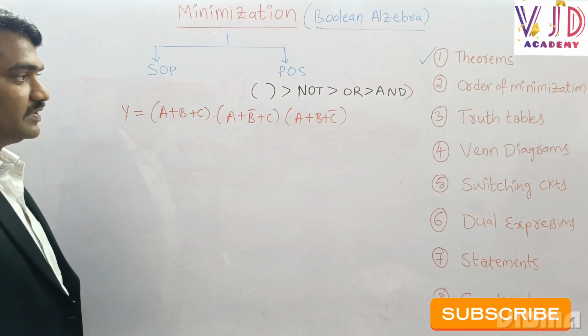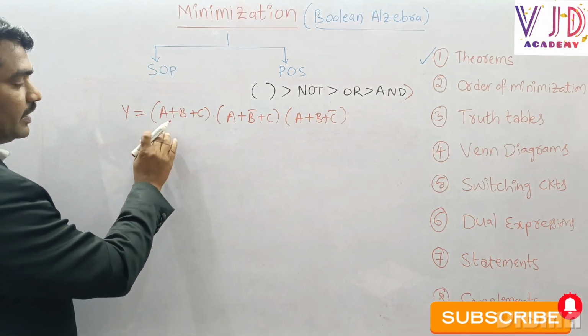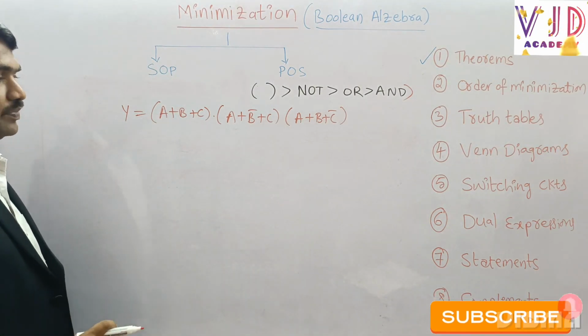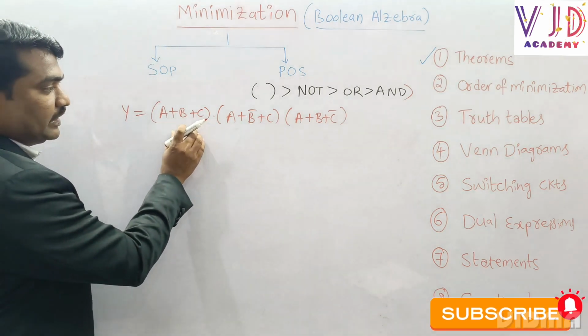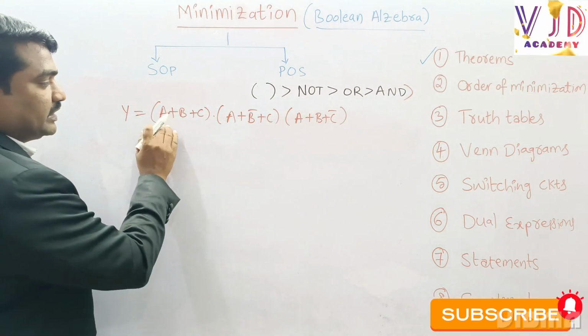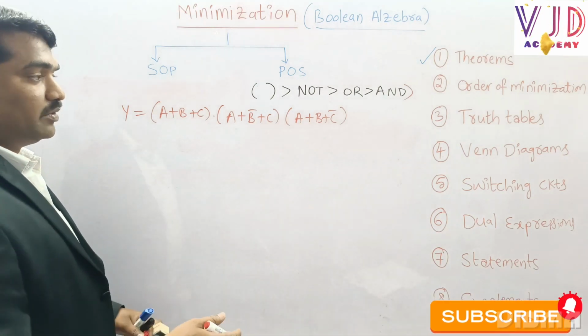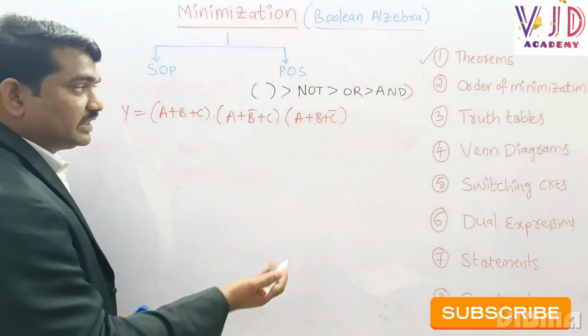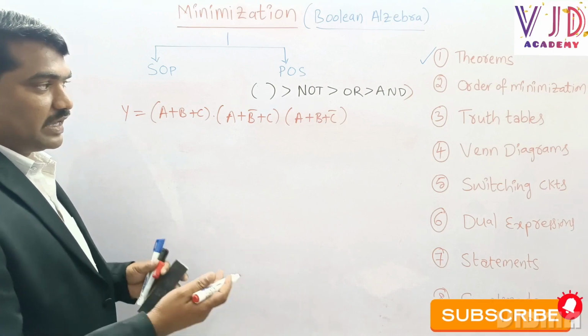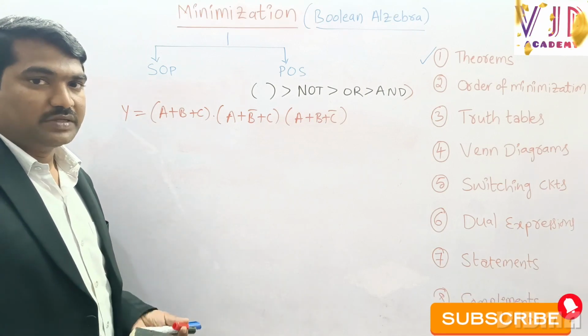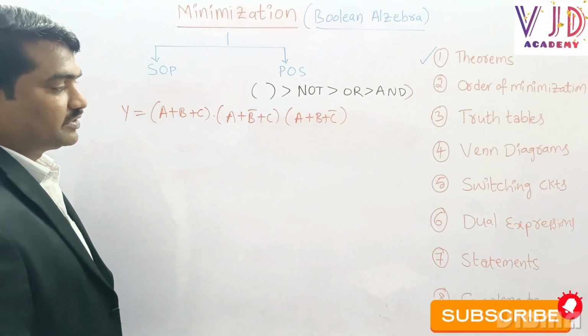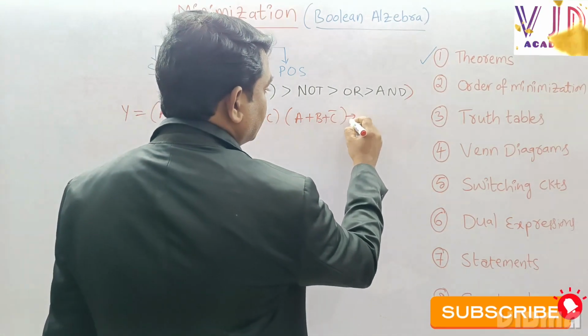Sir, I told you in the previous lecture, in this equation we have three variables A, B, C, and each and every individual max term contains all the variables. The moment we find a logical equation which has all the variables, we can say that particular equation is in canonical form.